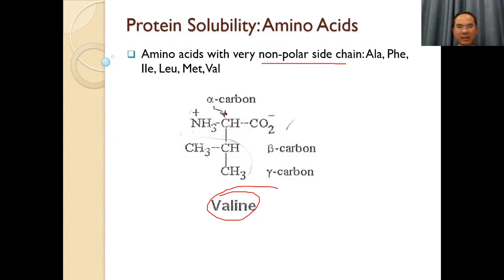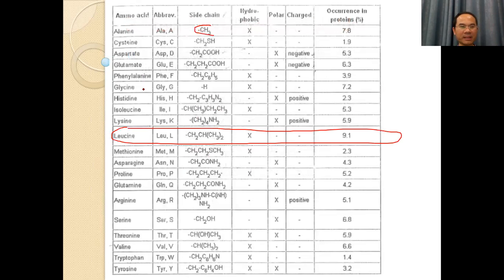This is the carboxylic group, that's an amino group, and this is the side chain. Valine is hydrophobic and non-polar because it doesn't like water.